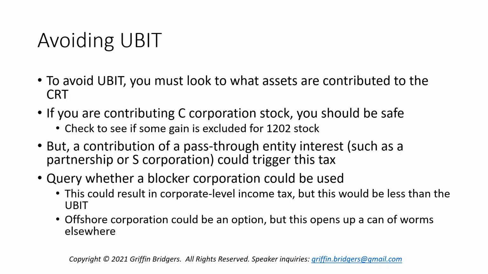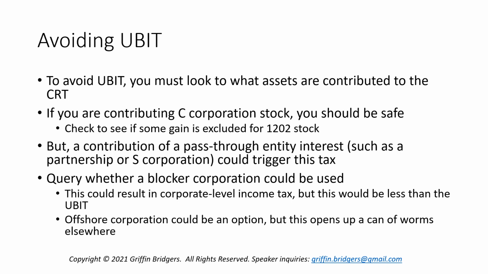So sometimes what happens in this case for a general charitable foundation would be the use of a blocker corporation, which would then own the interest in the pass-through entity and block the charitable remainder trust from having any unrelated business taxable income. So what this does is it does result in a corporate level income tax if you have a domestic corporation, but the amount of tax there would be less than the amount of unrelated business income tax you have in play.